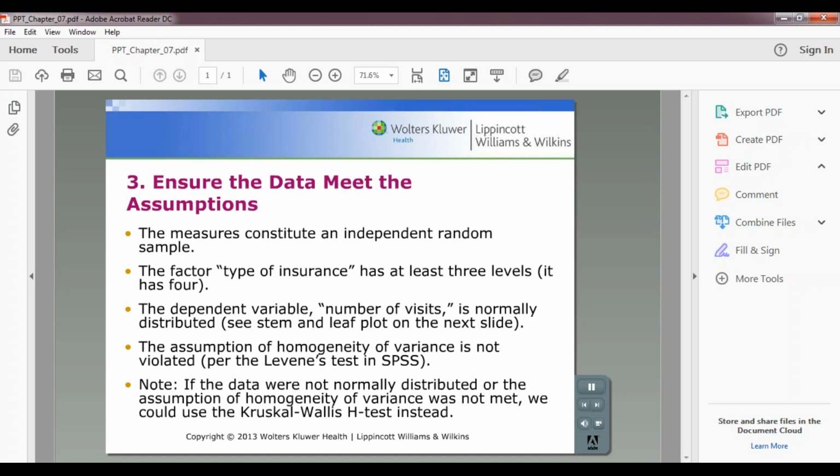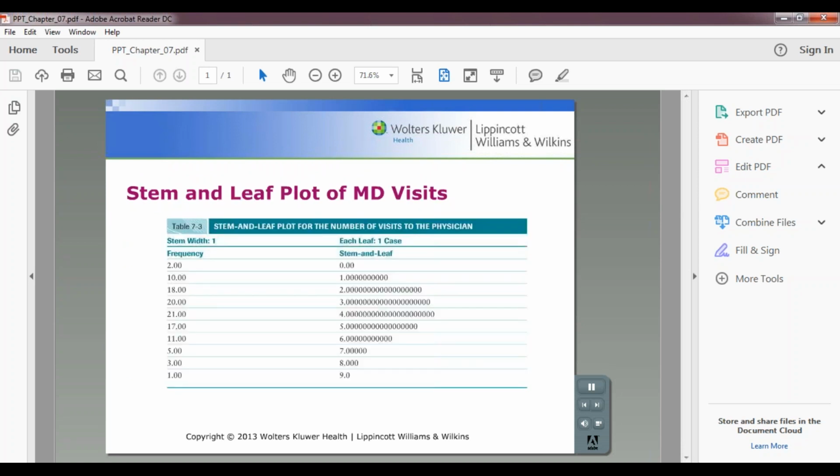The assumption of homogeneity of variance is not violated, and that's done with the Levene's test in SPSS. And if the data were not normally distributed, of course, then we would move to the Kruskal-Wallis H test.